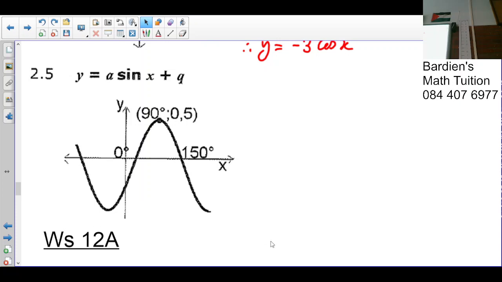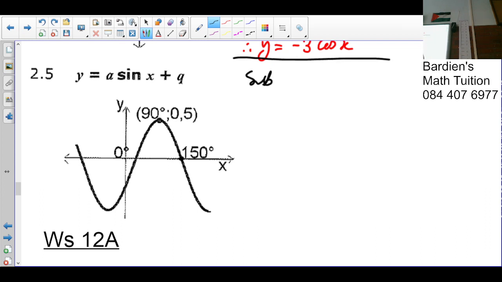And there we go again. So what do we do first? We substitute one of the points. Let's go with 150 and 0. So that's going to be 0 is equal to a sine 150 plus q.